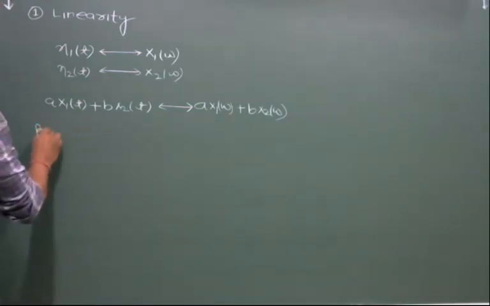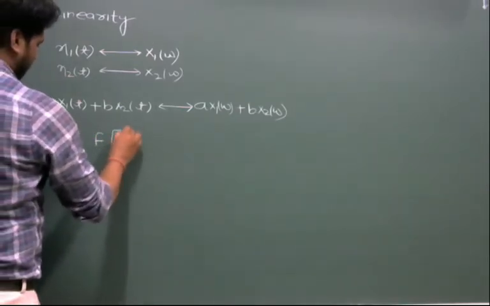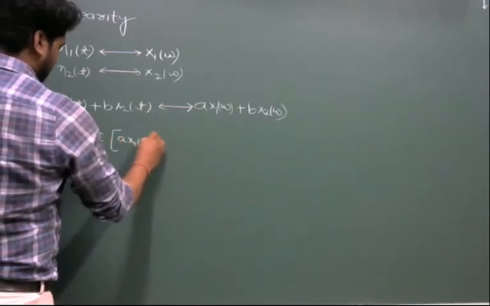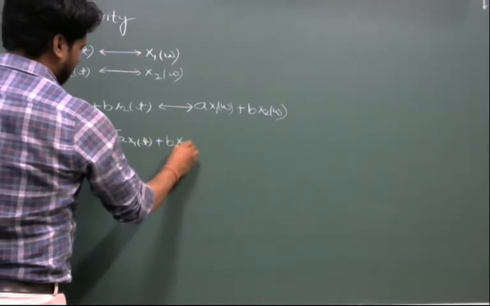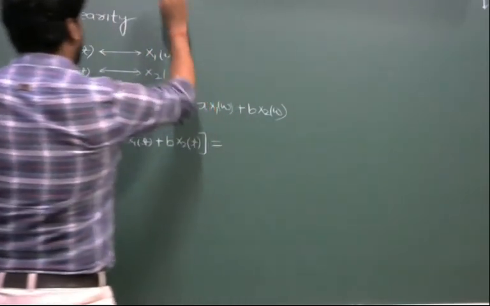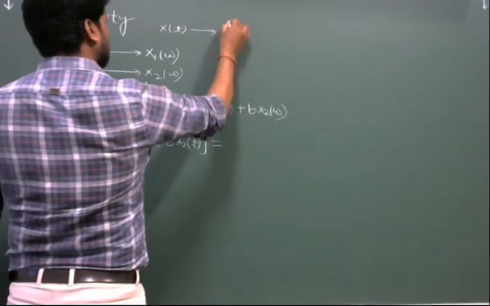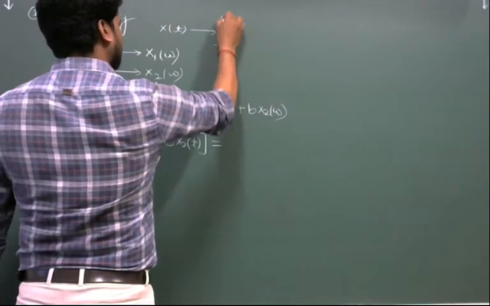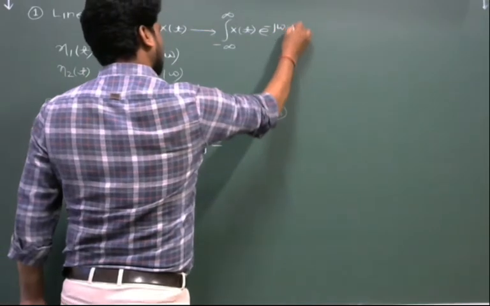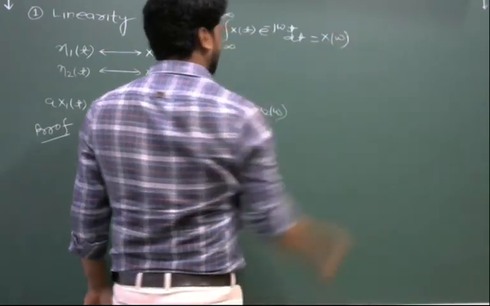Proof, we can find the proof. The Fourier transform of a x1(t) plus b x2(t) will be equal to, as we know, the Fourier transform of a signal x(t) can be written as integration from minus infinity to plus infinity x(t) e power minus j omega t dt, which is equal to X of omega.